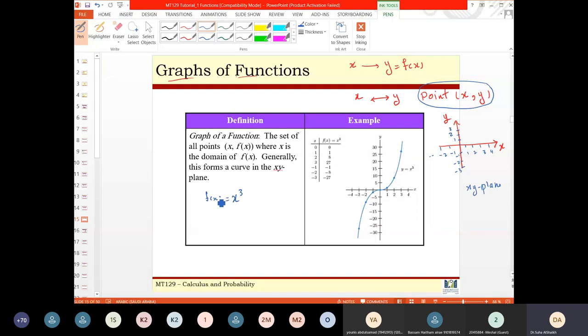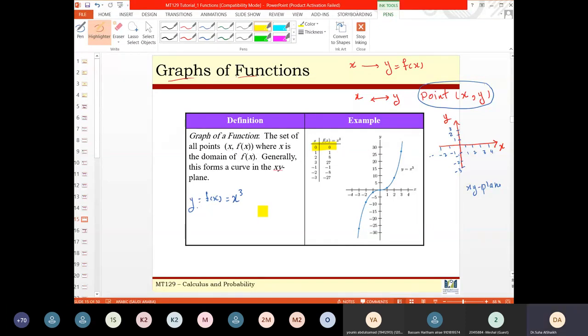So this is the function that they are giving to us. F of x is equal to x to the power 3. Okay? So each time the x goes to x to the power 3. I can say this is my y here. F of x is my y. So as you can see in the table here, when the x is 0, what is 0 to the power 3? It is 0.